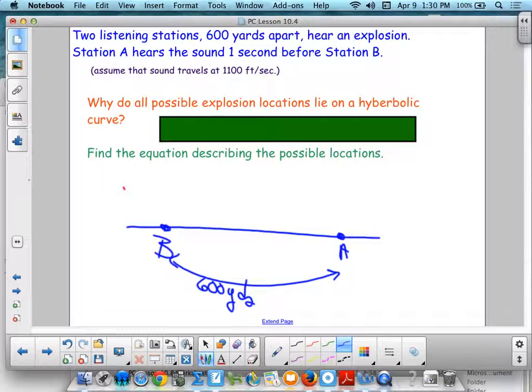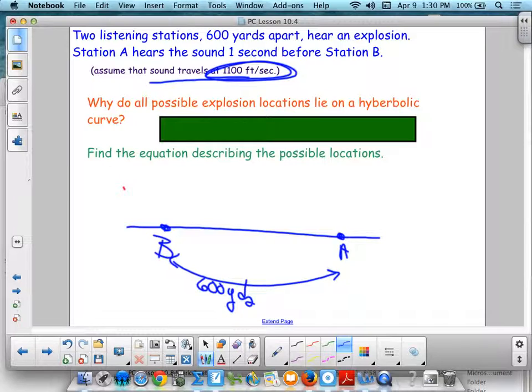You don't hear it, you see the smoke come out of the gun, and then all of a sudden you hear the gun. It's weird. It's like smoke, boom, because it takes time to get from there to your ears. That's why. Now, assume that sound travels at what speed? 1,100 feet per second. You got to assume that, all right?